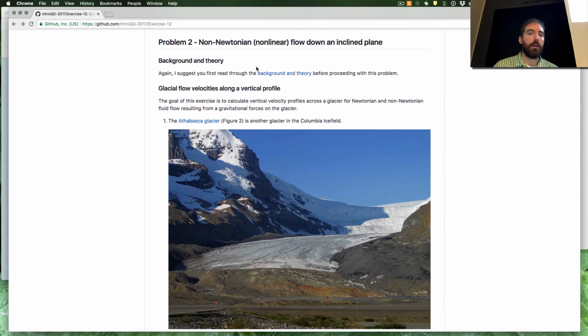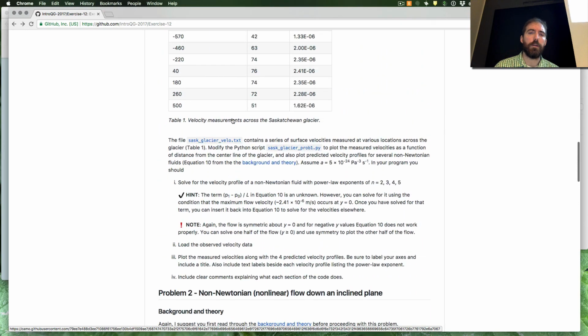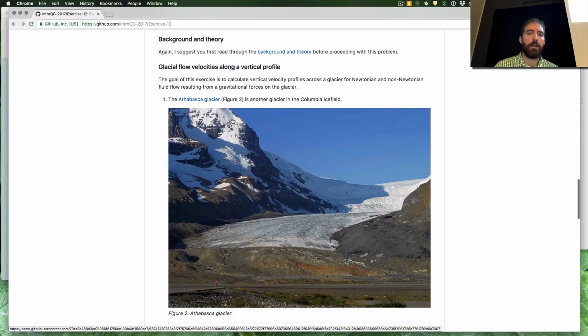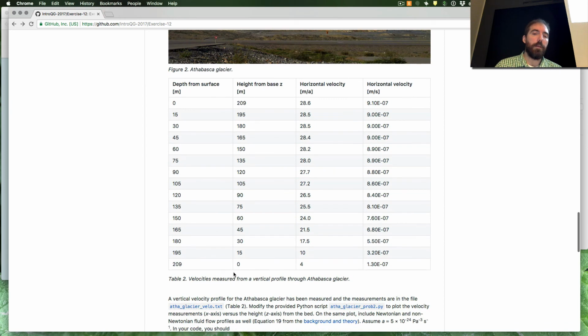The second problem is where we look at ice flowing down an inclined plane, and we've already kind of hinted at that. Looking at another glacier, I think it's actually in the same ice field in Canada. So this is the Athabasca Glacier, the picture of it shown here. And again, we've got observations from the bottom of the glacier up to the top, in this case, of the velocity of flow.